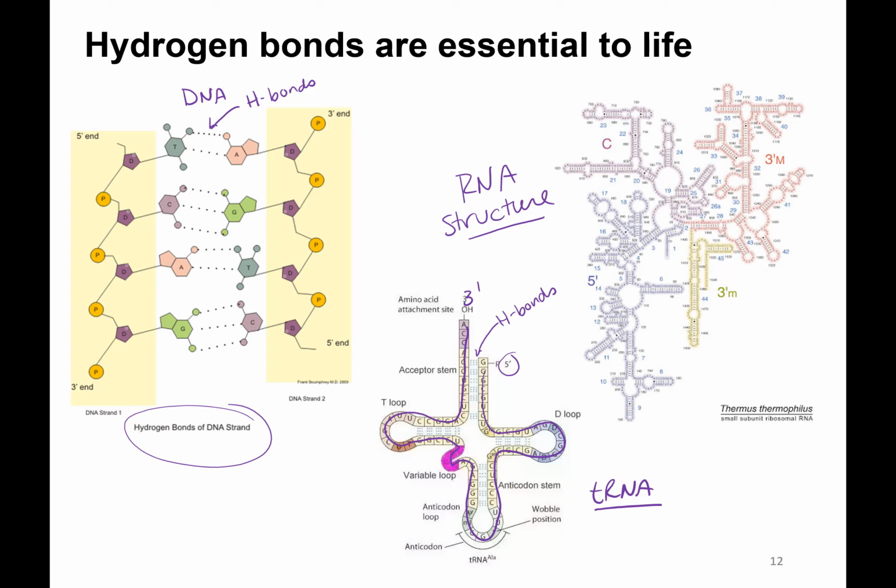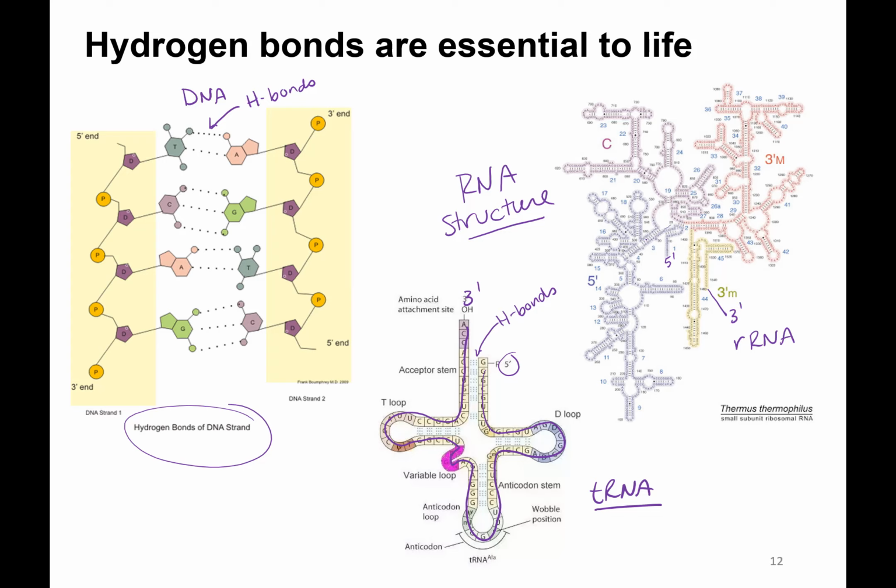This is one of my favorite images. This is ribosomal RNA, so part of the ribosome that's important in translation. And this is one long molecule. So here is the 5' end, and here is the 3' end.